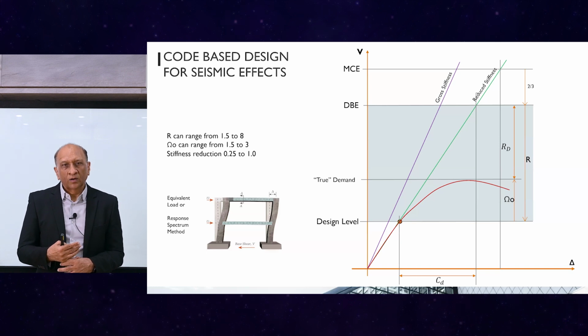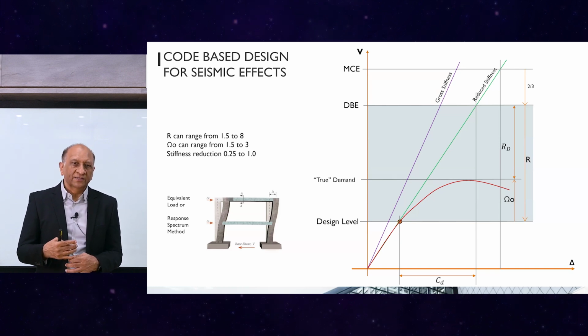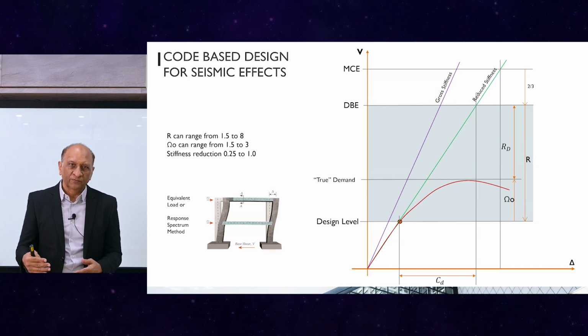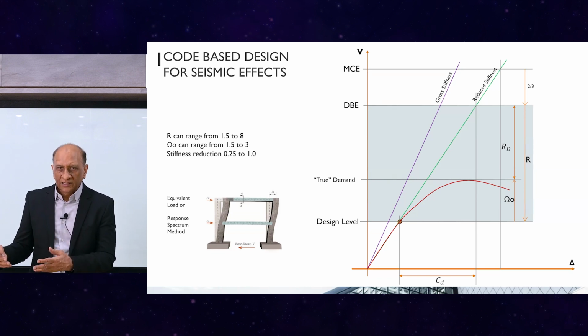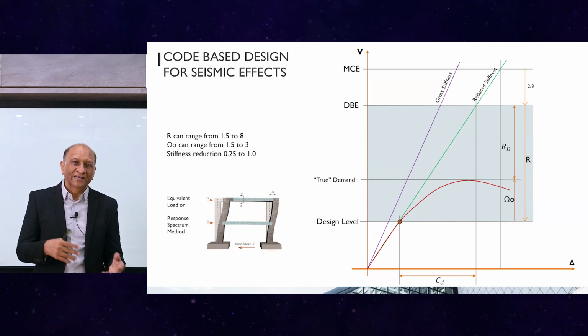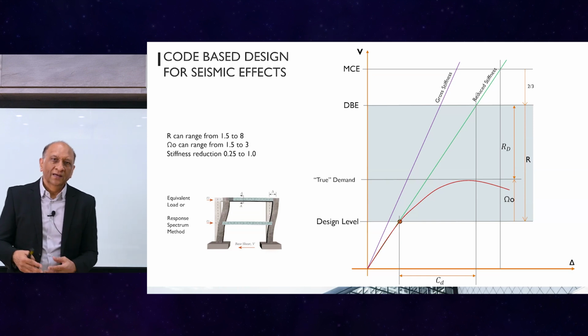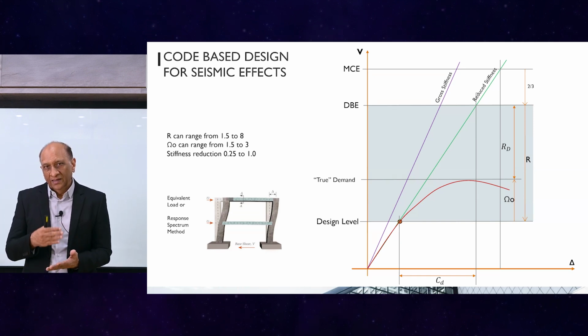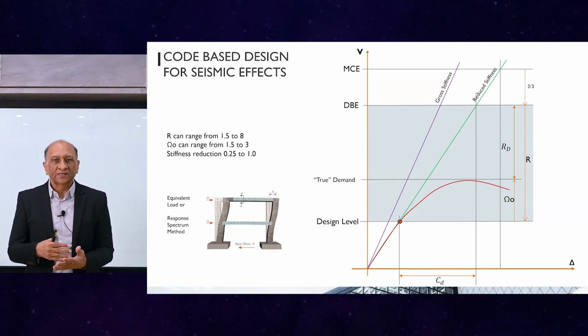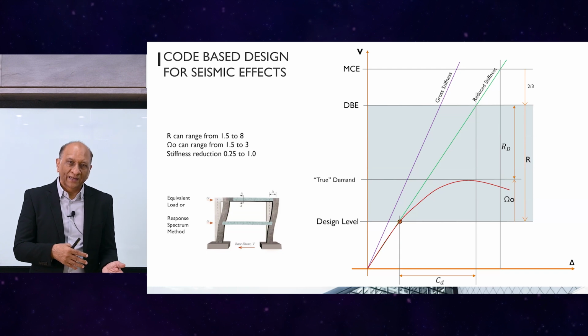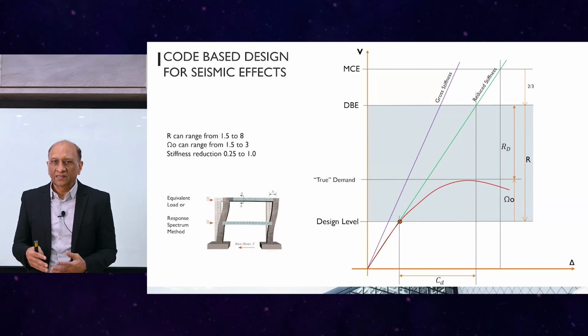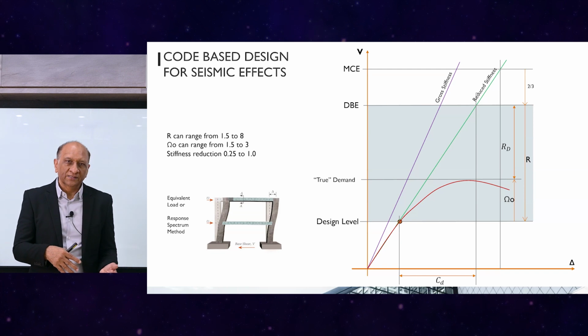And omega naught also has three components, one coming from material overstrength, because the actual or expected strength of the material is typically higher than the design strength, as you might have seen through observations. The steel, for example, is typically 25% to 30% higher than the design strength. That really changes the actual yield capacity compared to the design yield capacity.